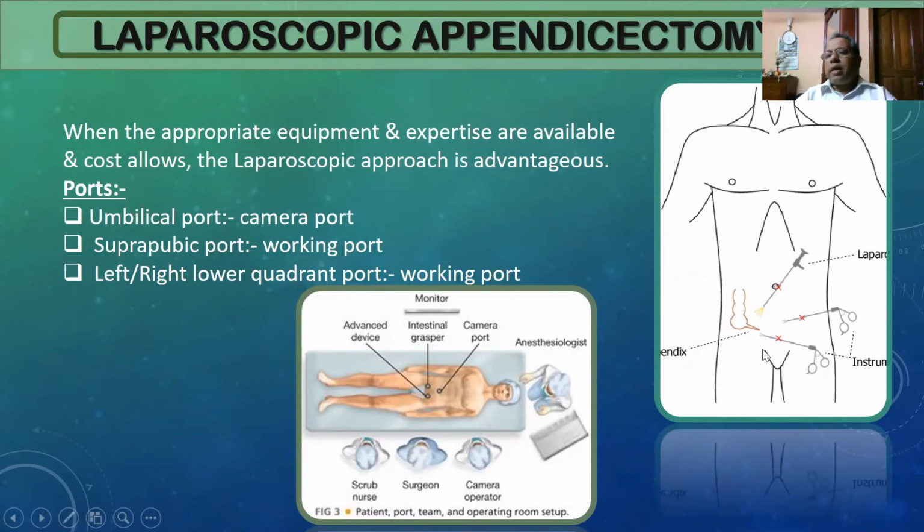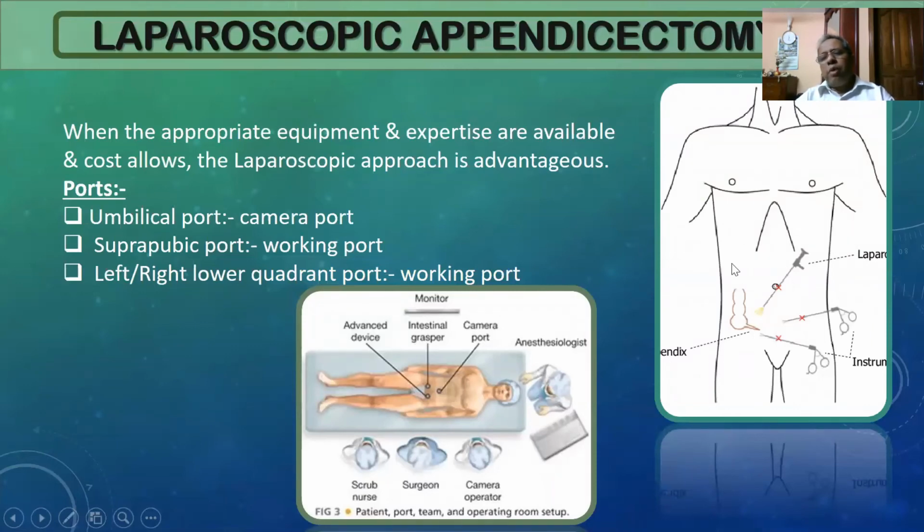Sometimes a patient has appendicitis along with pregnancy. In that case the uterus lies in the pelvic cavity, so you must avoid the lower ports there, because if you make a port there, there is a chance of injury to the uterus. In that case, you make the port in the epigastrium, umbilicus, or supraumbilical, or in the right hypochondrium.